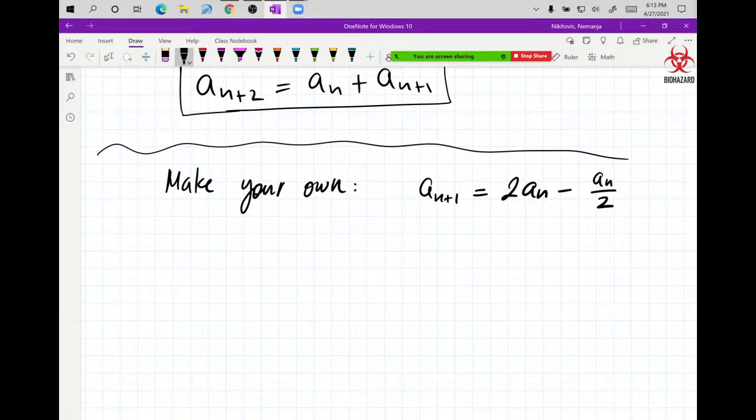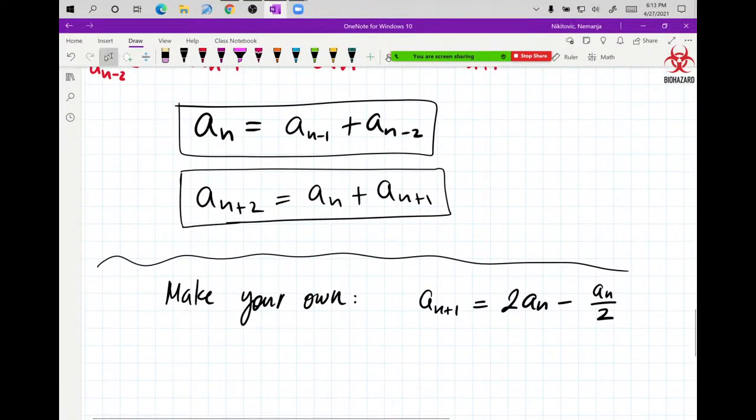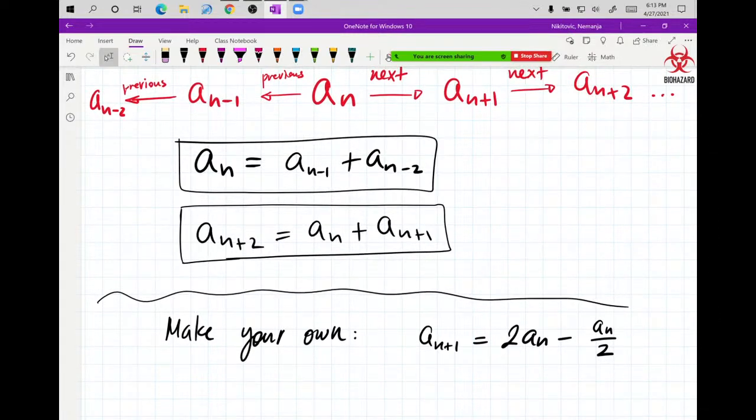Now, you have to be given starting values, because you can't start your recursion if you don't have a point of origin to start working this stuff out. Think about it.